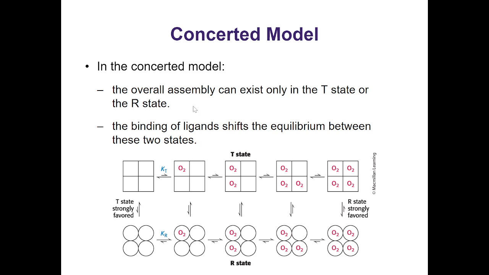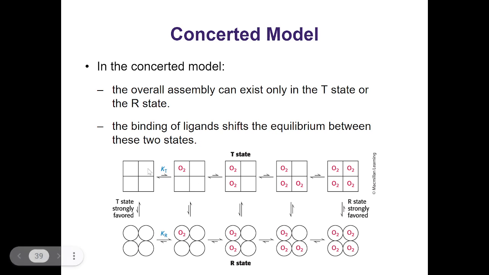This is a great demonstration of this. Here we have equilibriums that exist between each T and R state. This would be the T state with nothing bound to it, this would be the R state with nothing bound to it, the T state with one oxygen bound, and the R state with one oxygen bound. Everybody getting that okay? Fantastic.